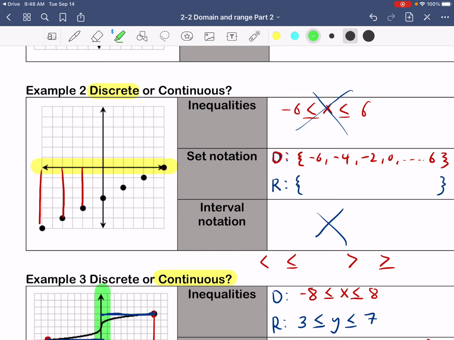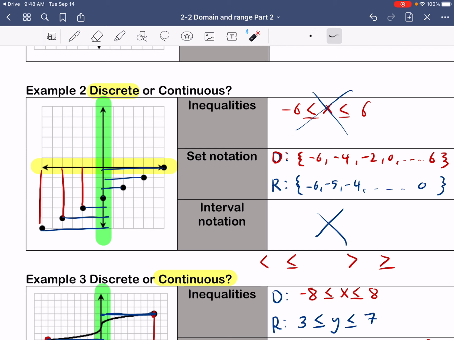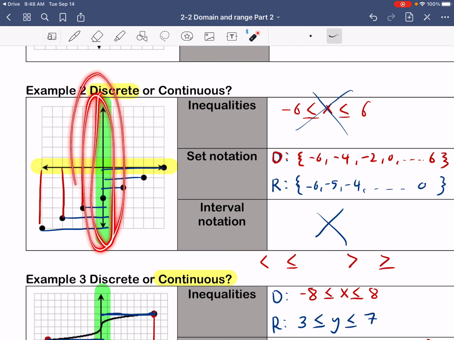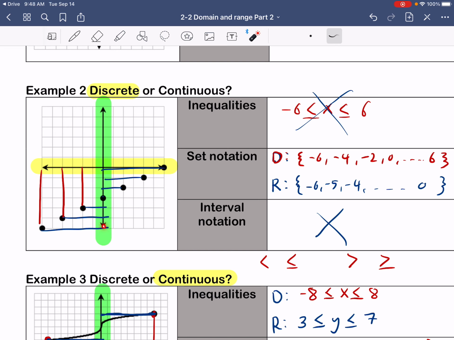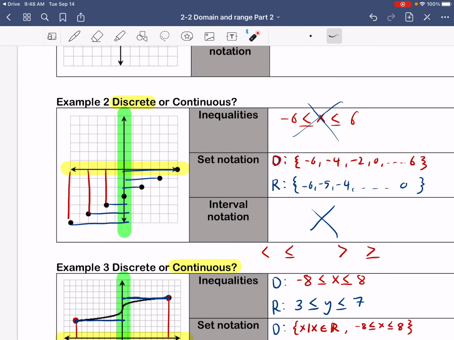So let's talk about the range. Range is pretty simple. We start from what? -6, -5, -4, -3, -2, -1, and 0. Remember, even this one is on the positive side of the X, we're only using this green one, okay? So -6, we're only using these numbers. That's why we go like this.